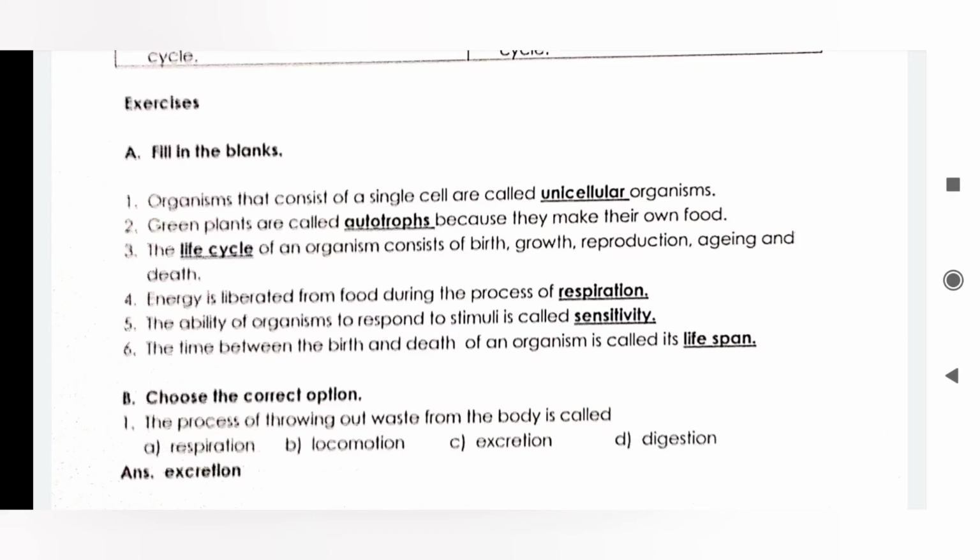So as we have already studied, living things, I mean the organisms, they respond to a stimulus. This condition is known as sensitivity. So every living thing has sensitivity because they respond to a stimulus. Next question, sixth one. The time between the birth and death of an organism is called its lifespan.